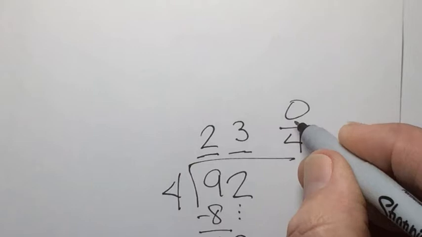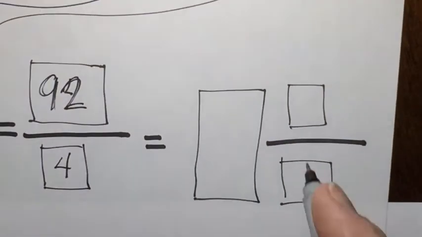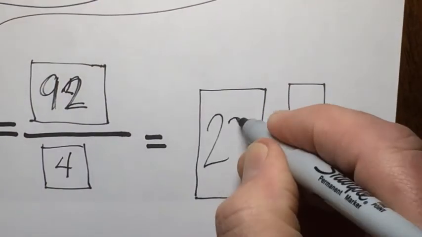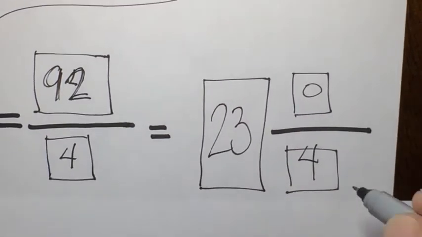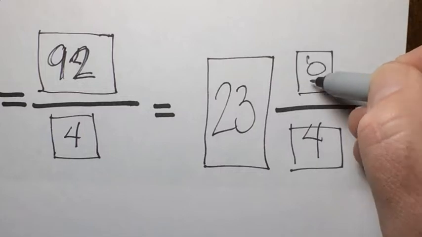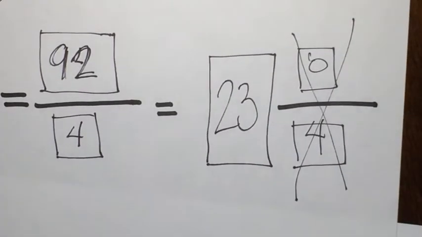And when we ever have just a 0/4, you can just kind of get rid of that. You can leave it if you want to, but 0/4 really just means no parts. So it'd just be 23. So 23, and again 0/4, but if we have no parts to show, we don't really talk about them. So there's just 23 whole numbers.